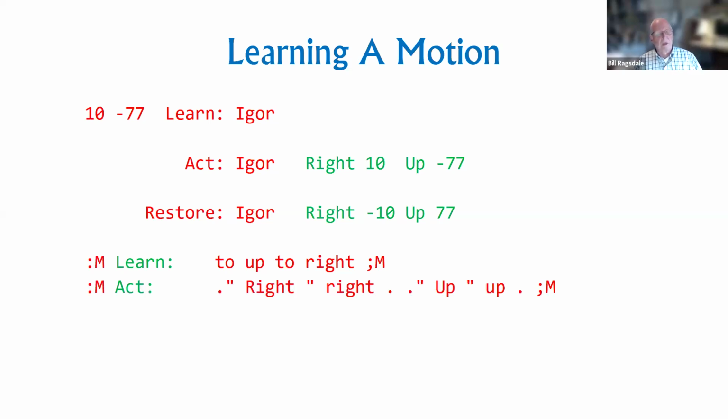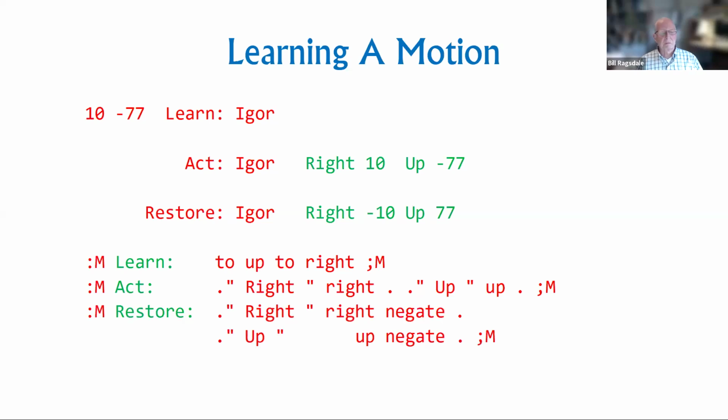To act, the method for act is to display the word right, then access the value right. It will yield its value, which is 10, and dot prints it. The dot quote up displays the word up. We access the up value, dot prints it out, and we'll see the minus 77.